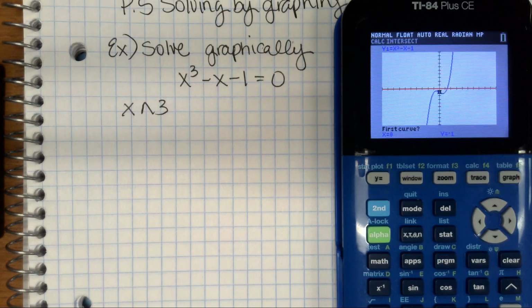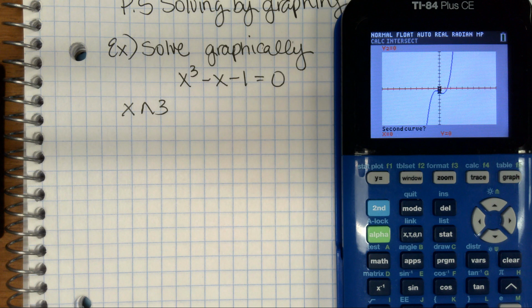The very first thing you should see at the bottom of your screen is a prompt. It's gonna say first curve and there's gonna be a question mark. Once you see that, it should be on probably the x cubed, but it might be on the 0. It doesn't matter which one, you're gonna just hit enter one time. Next, you should see a prompt that says second curve.